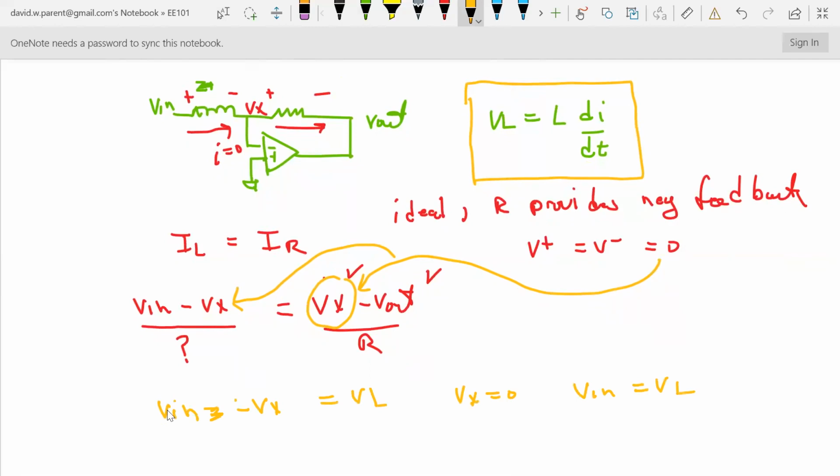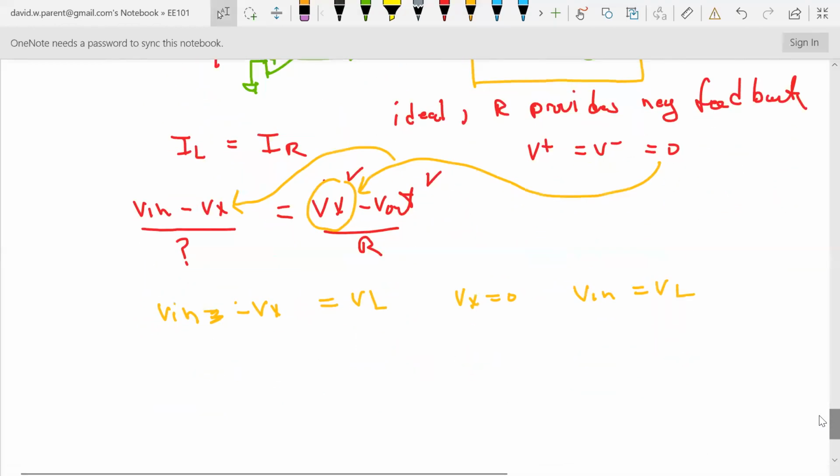So we know what Vin is, right? And we can write another equation now. So Vin equals the inductance times di dt, right? And that's dIL.